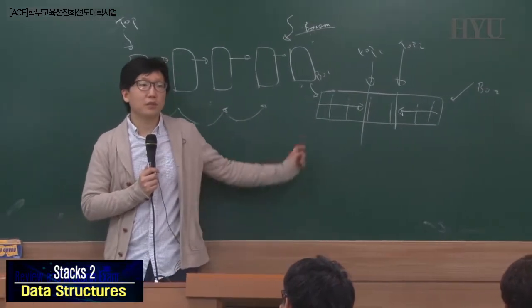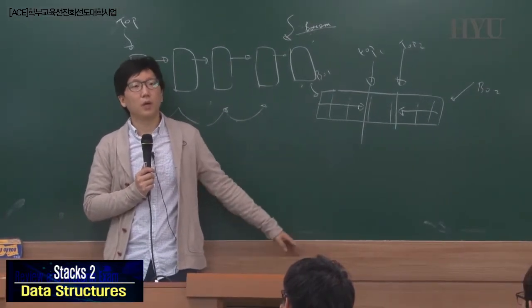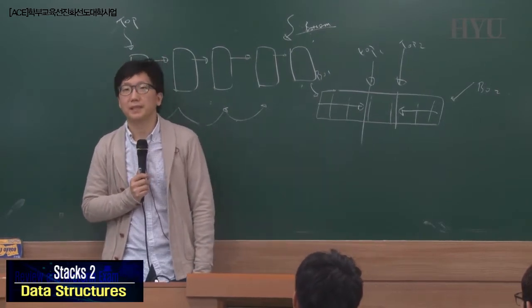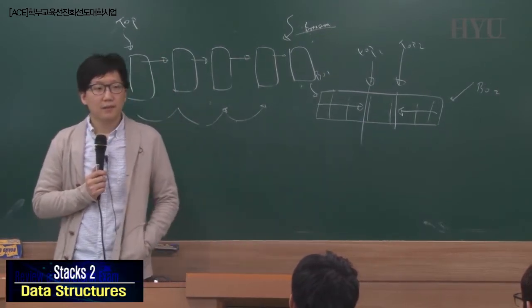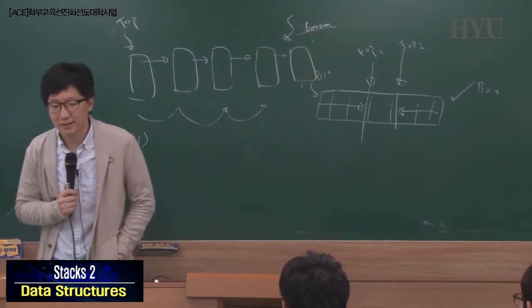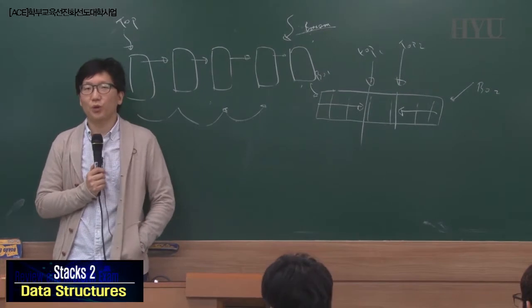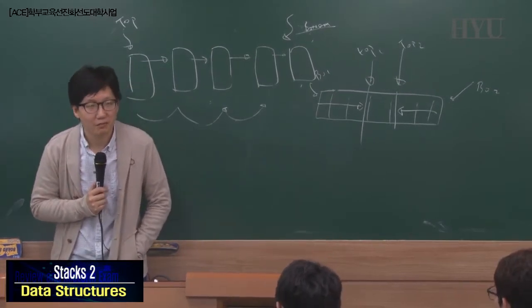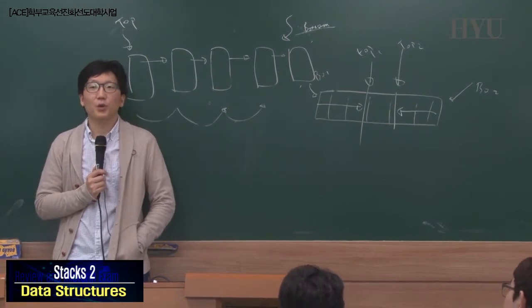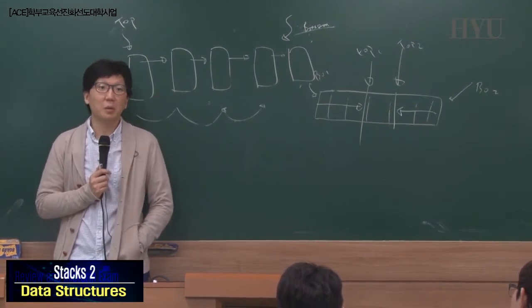Why are we doing this? What was the main reason of suggesting something like this when you're implementing a stack? Space distributions. So we don't want to waste the memory. If you declare an array, usually we don't know how many elements will be coming into the stack.